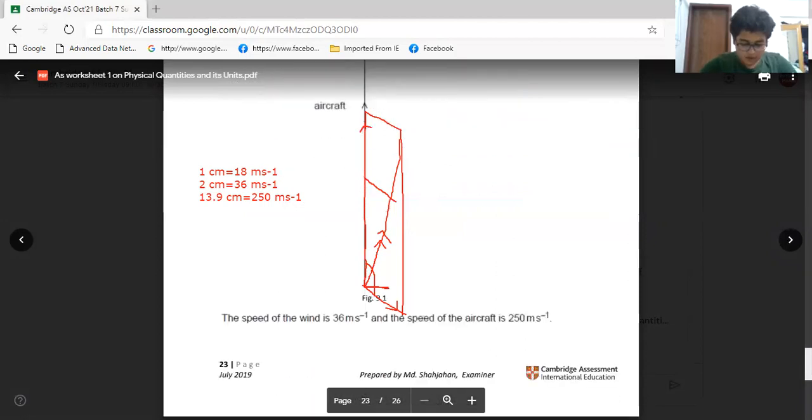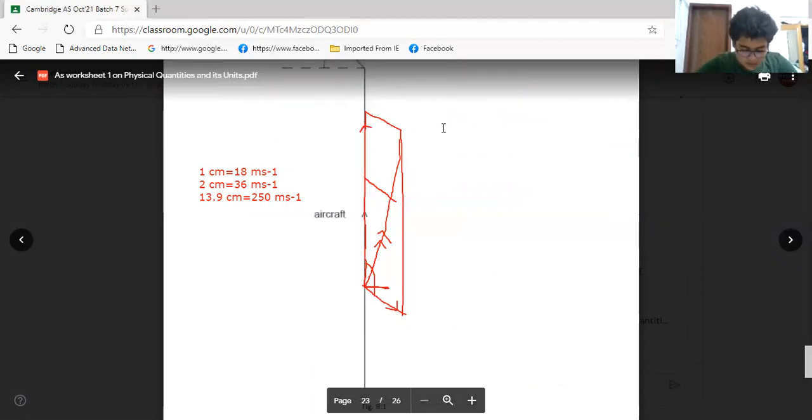Now we are drawing here. This space is given for you. This right side space is enough for you to draw 13.9 centimeter and 2 centimeter, isn't it? So you draw this way, the way I'm showing you here. This one is 13.9.